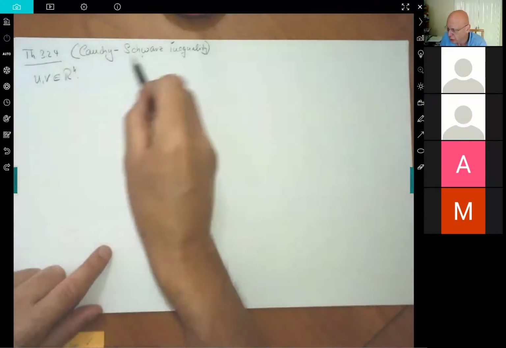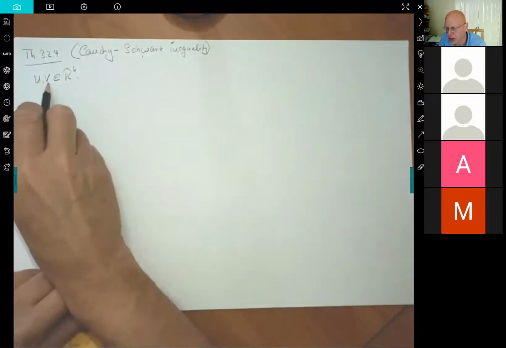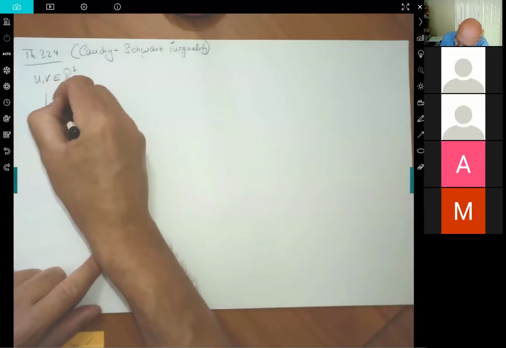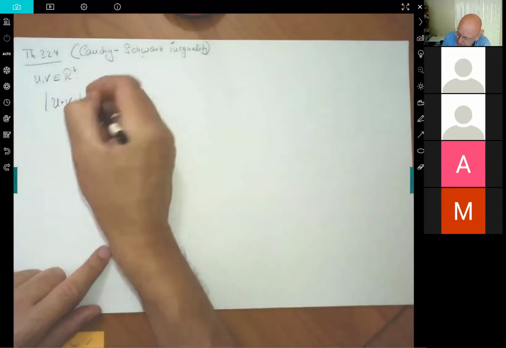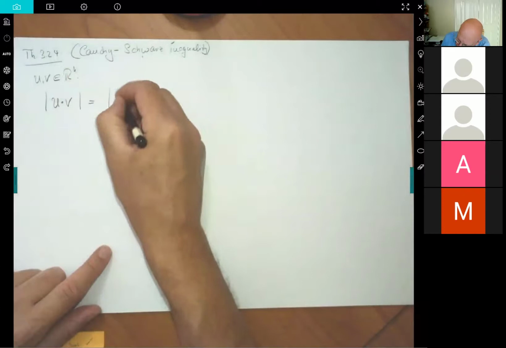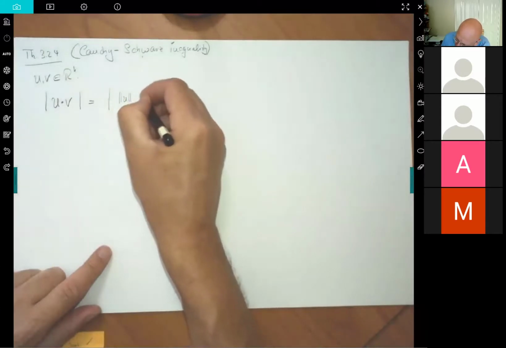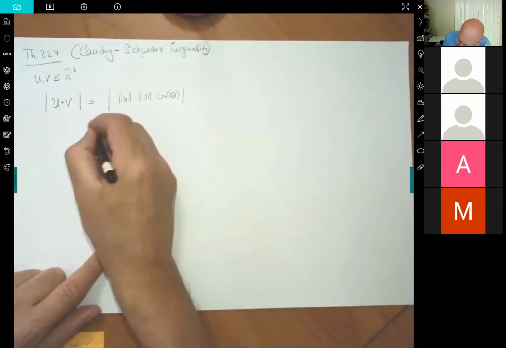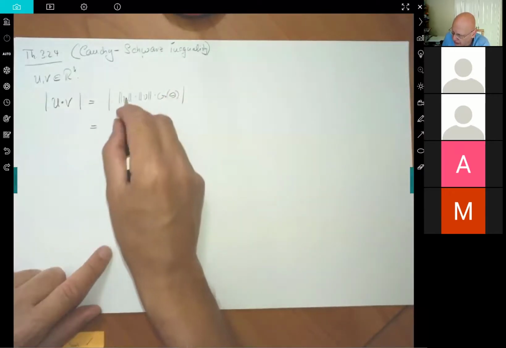And then the Cauchy-Schwarz inequality essentially allows us to estimate the dot product. So the absolute value of u dot v is the absolute value of norm u times norm v times cosine theta. And now the absolute value can be distributed.